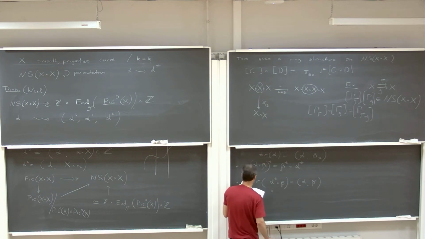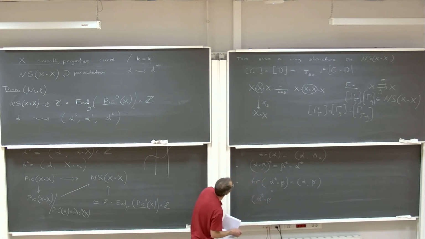Let's see what we have. By definition, this is equal to the intersection of alpha t times beta. This is a cycle on x times x.